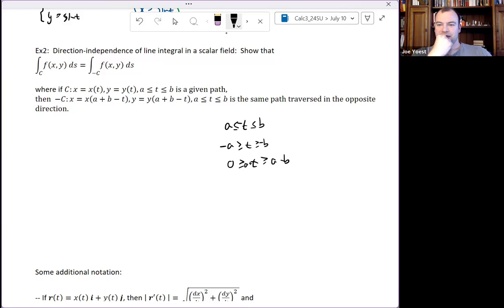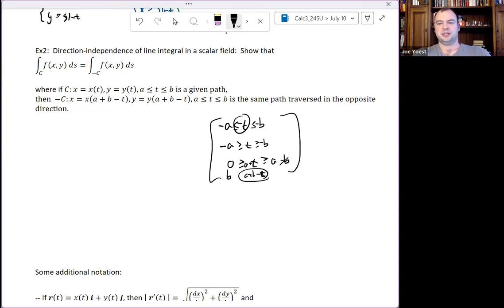And whoops, I wanted to put a negative on everything. I got my negatives a little goofy, but you can see now if we add b, we get a plus b here, and then I'm missing a negative because I just stuck a negative in there. I should have been more careful at the beginning.